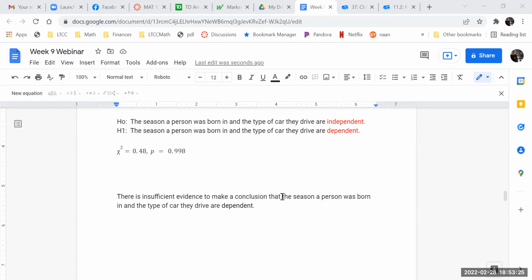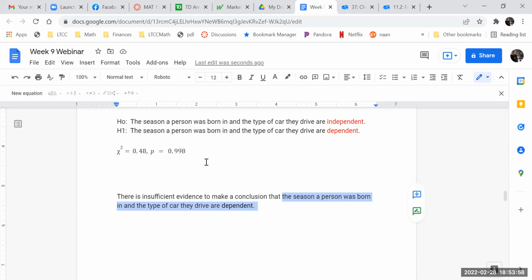To make a conclusion that, and then again, you can just take H1 and pop it in. The good thing is, once you have written down what your H1 is, it's very easy to state your conclusion. You look at the p-value, and if the p-value is large, you say there's insufficient evidence, just like we've been doing for weeks.